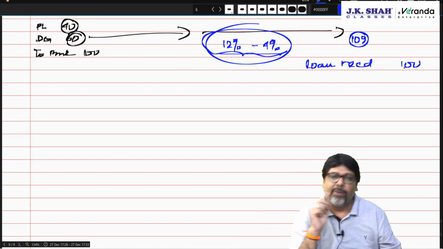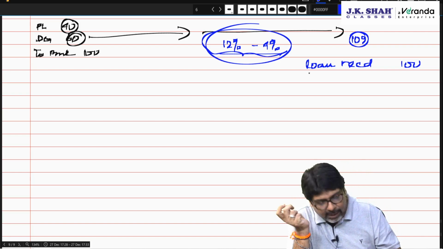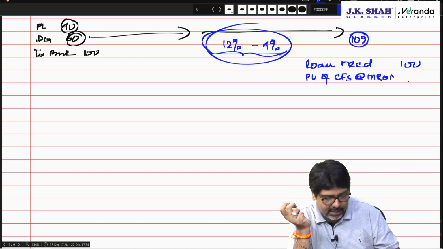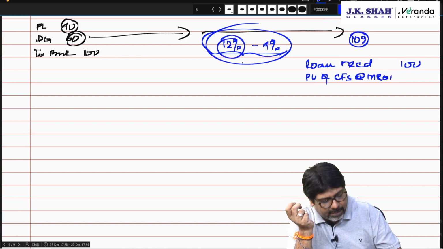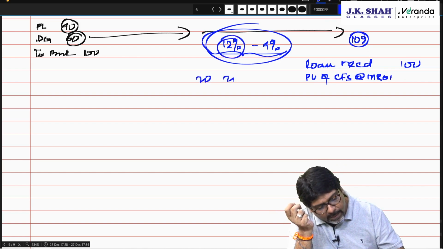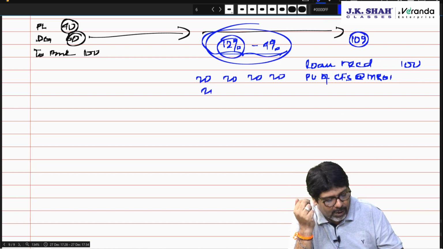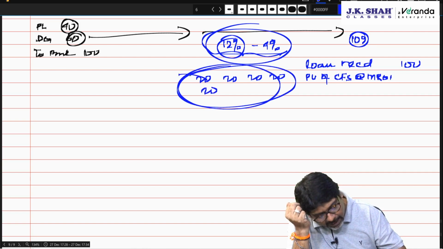Suppose 100 rupees. You are going to repay the loan in 5 installments. So present value of cash flows at market rate of interest, at 12%. That means 20, 20, 20, 20 you are returning.